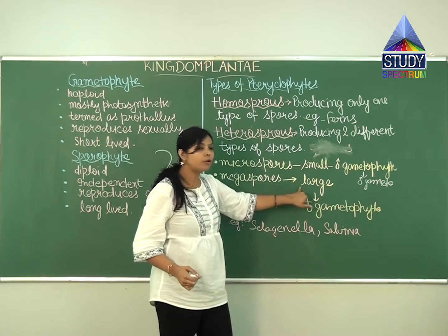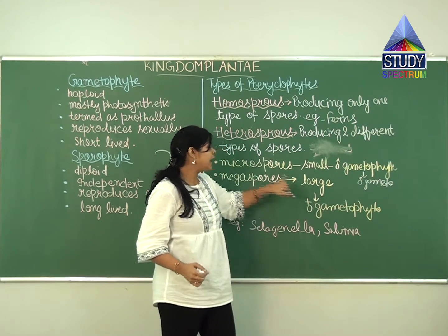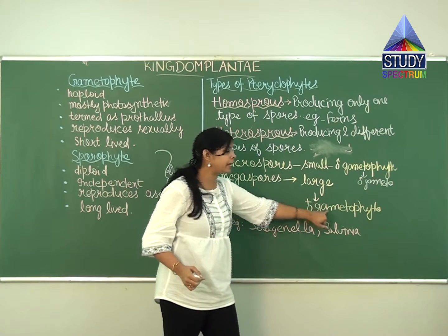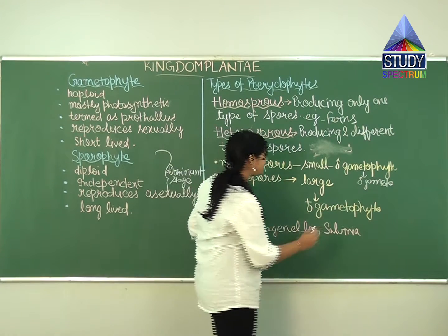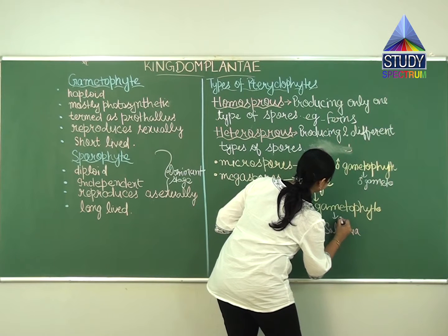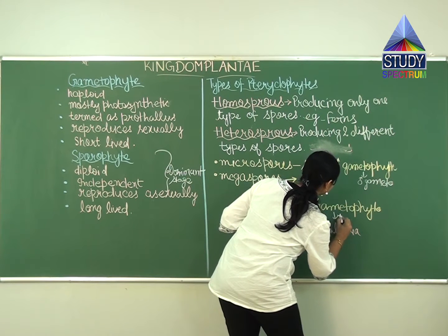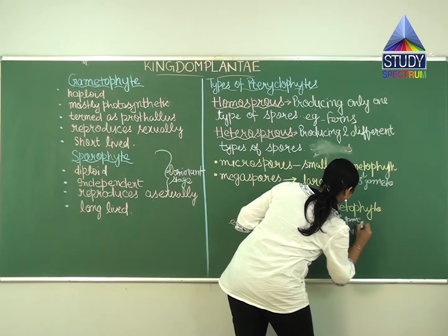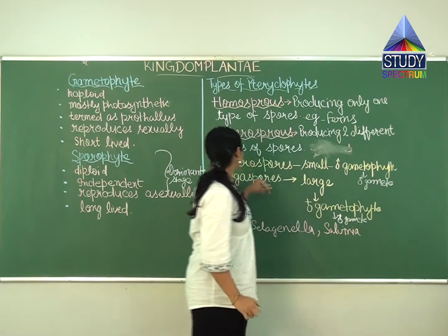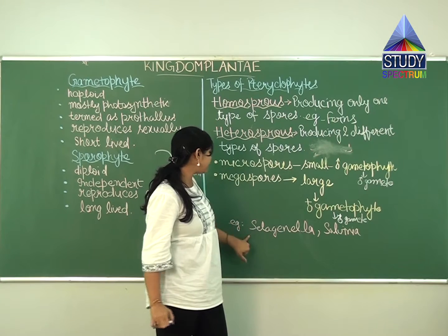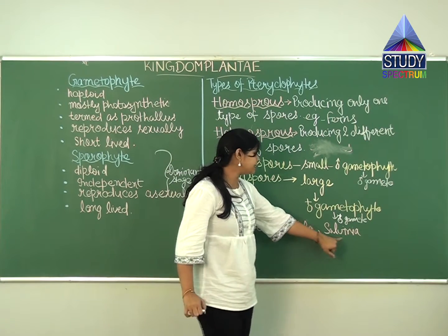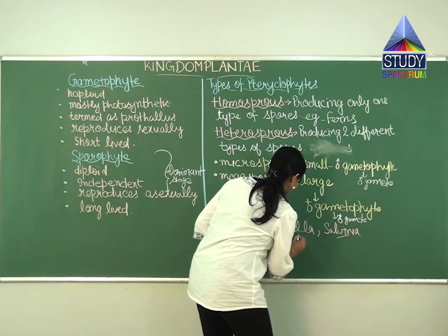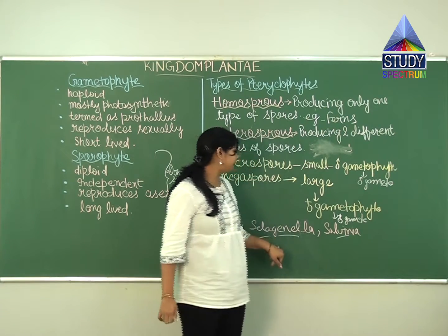Mega means the spores will be larger in size, and they will give rise to the female gametophyte and will release the female gametes. Examples will be Selaginella and Salvinia.